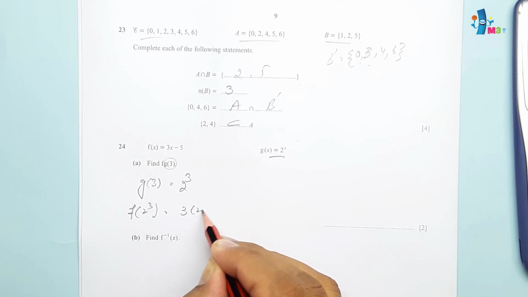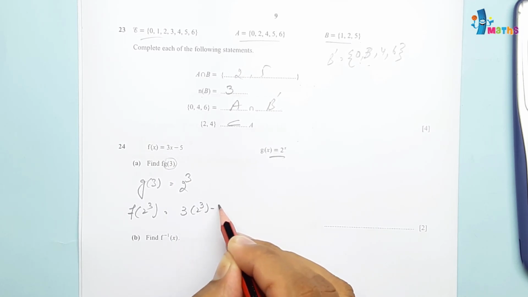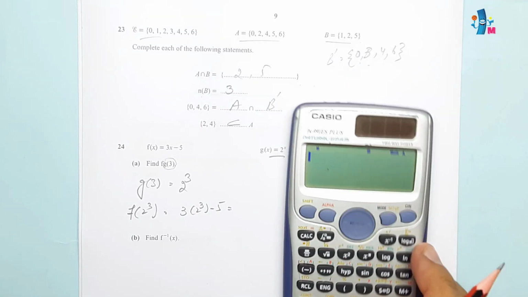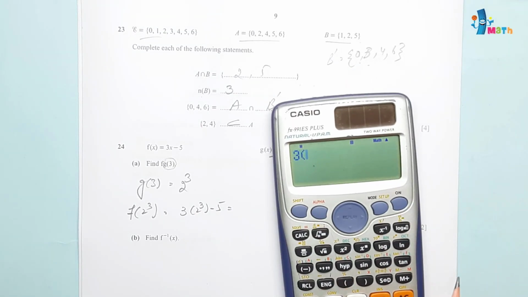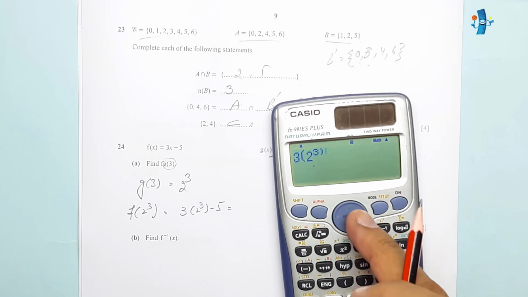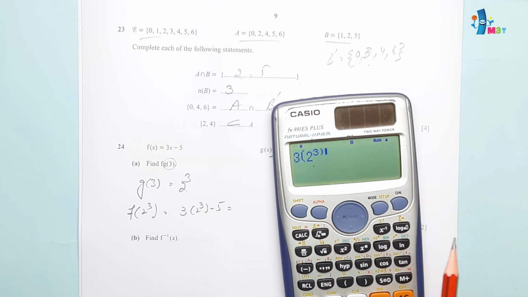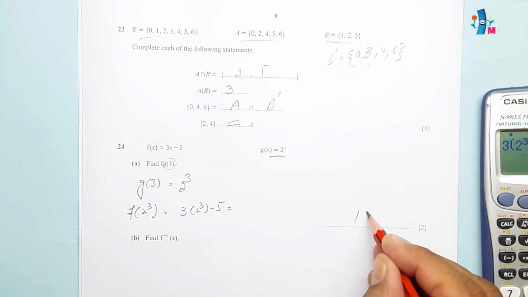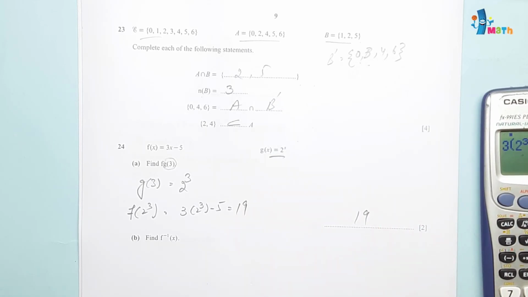So 3 into 2 raised to power 3 minus 5. This will be equal to 3 into 2 raised to the power 3 and minus 5. This will be equal to 19. So our answer is 19.